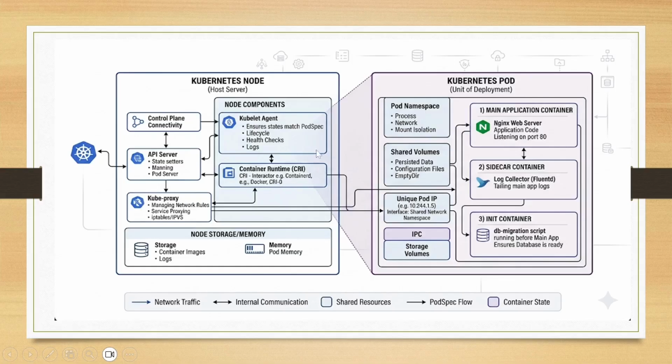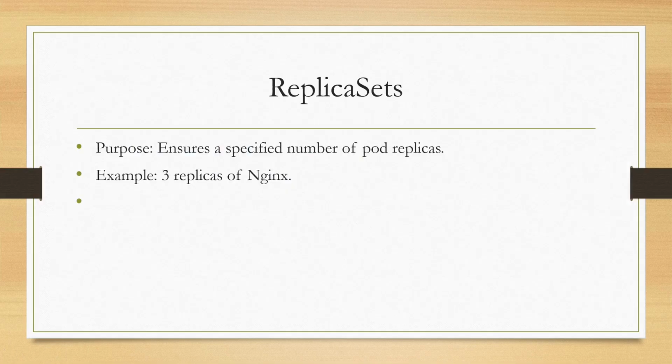So it provides the runtime for running the Kubernetes pod. Now here there is also node storage: some compute resources, some memory resources, and some storage. Okay, so this is the complete idea of this. Now we'll understand what a replica is.